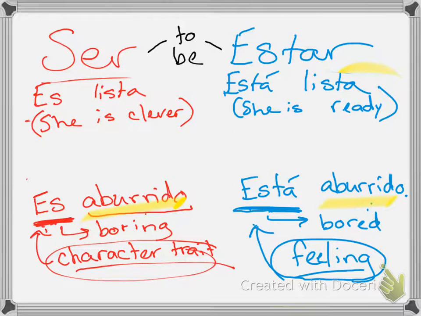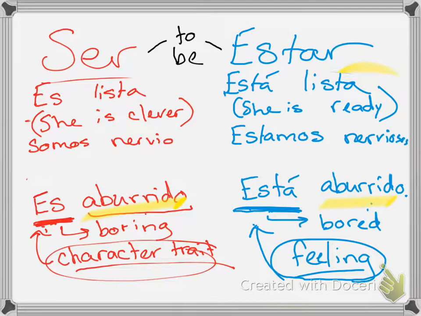Or if I were to say, for example, estamos nerviosos. We are nervous. We're feeling nervous. Okay? If I say somos nerviosos, this is just like the aburrido, right? Would then be a character trait.